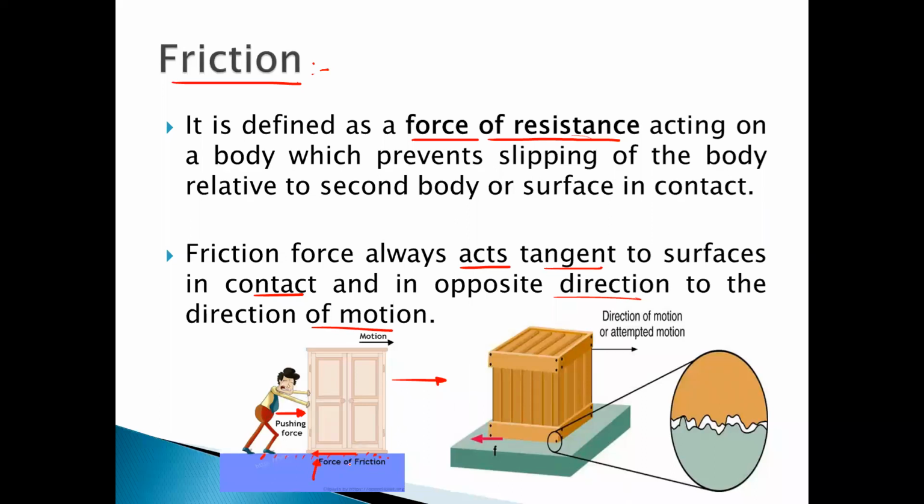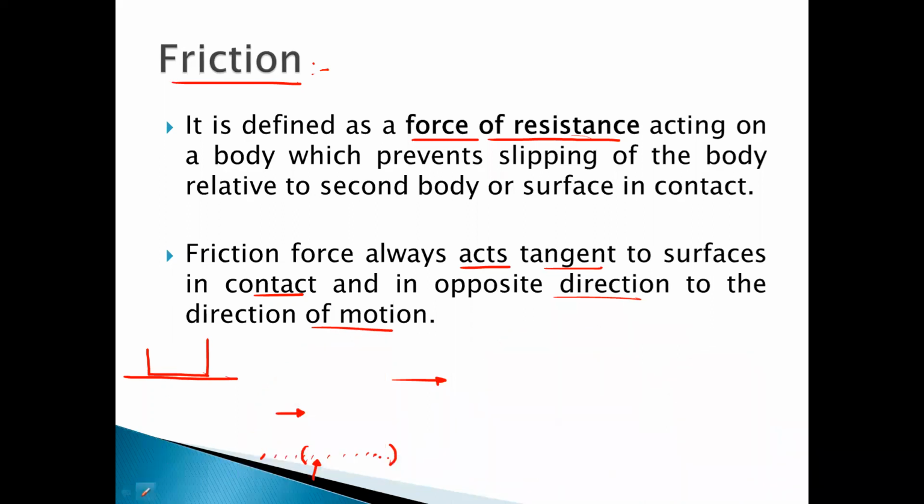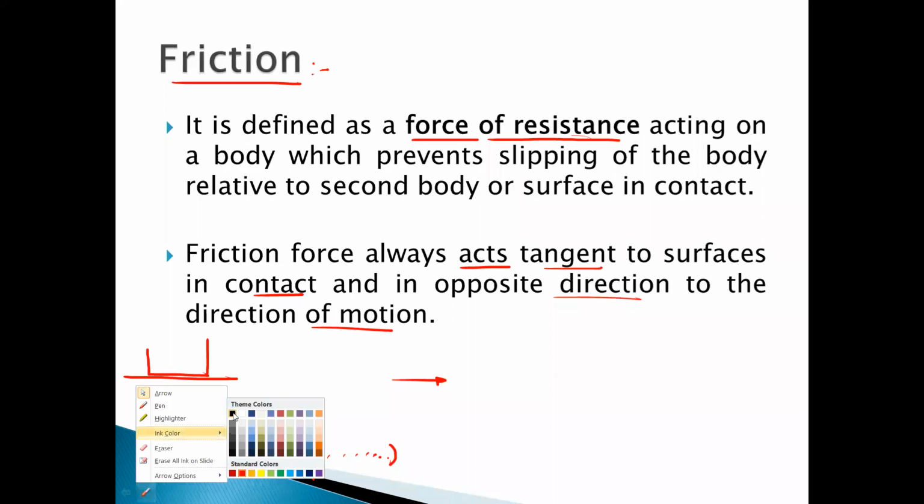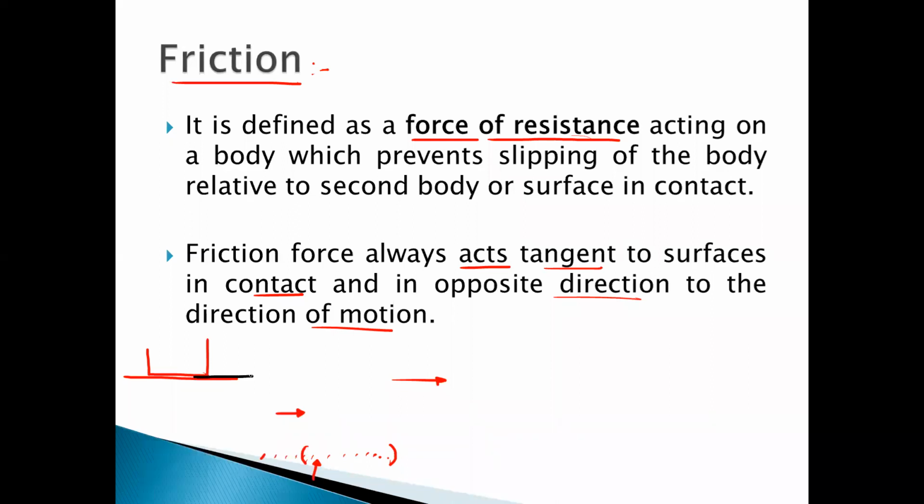This is the frictional resistance. So frictional resistance is opposite to the direction of motion of the object, and it is tangent to the contact surface. So this is called friction or the friction force.